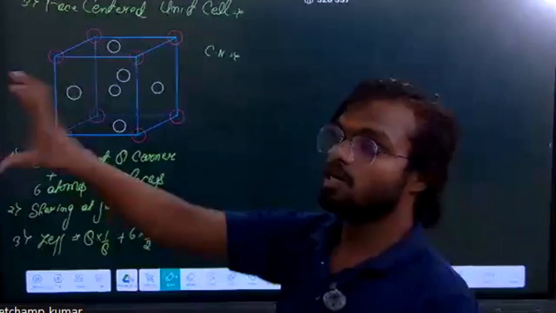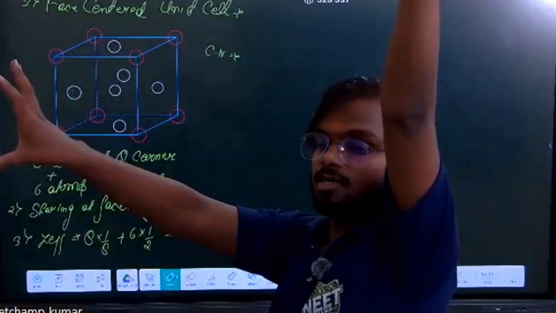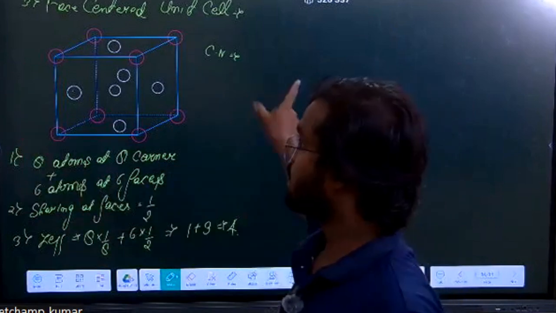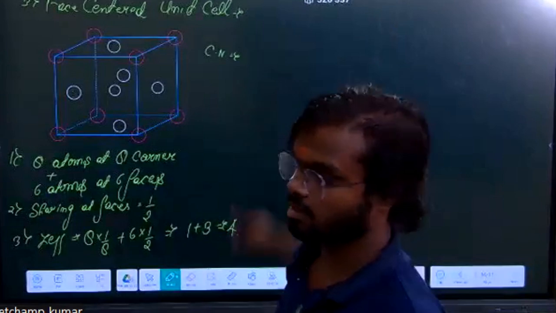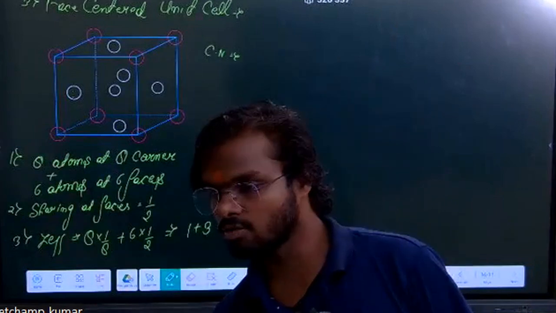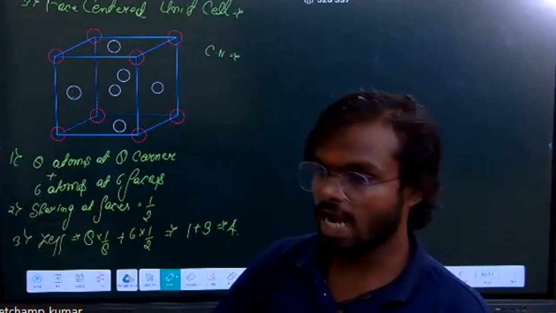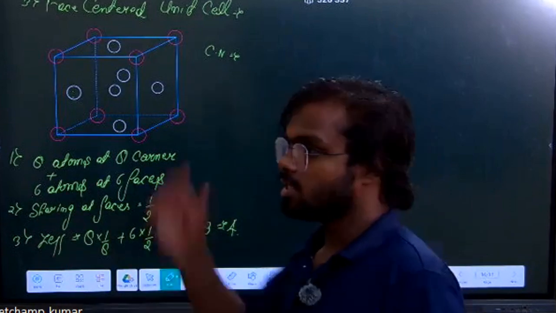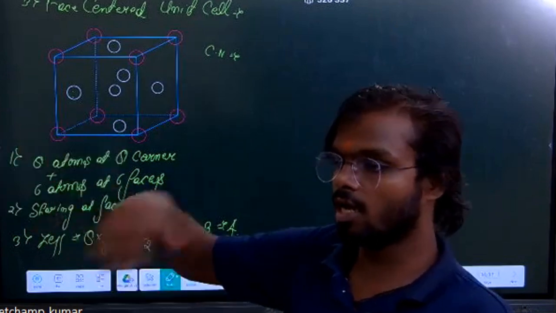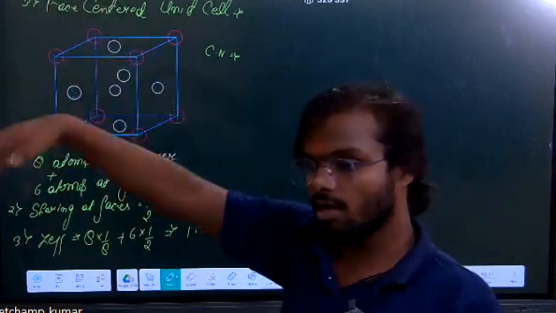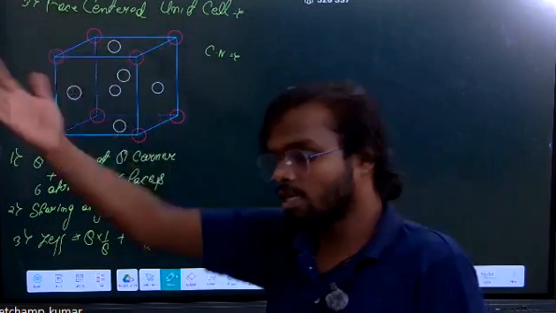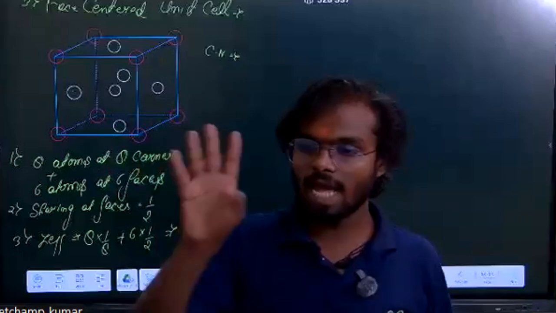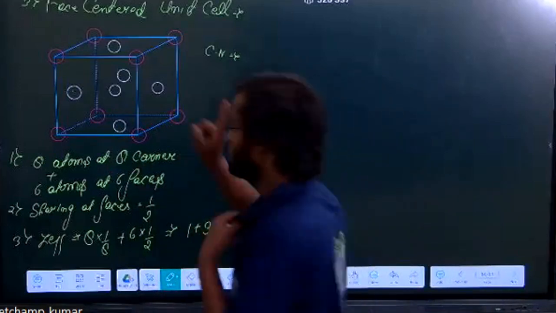Now this atom will touch the atom present at this face center, this face center, this face center, and this face center. So total four atoms it can touch at the face centers in this room. Similarly, it can touch four atoms on the faces of the adjacent room. So there are four atoms on this room, four atoms on that room, and four corners. So in total, 12 atoms it is touching. One atom is touching 12 atoms.